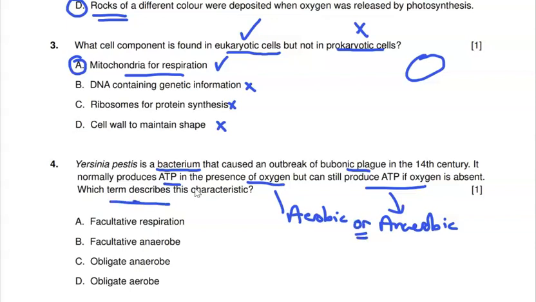Which term best describes this characteristic of having the option? And certainly not C and D, which obligate means obligatory. Facultative means a choice. It's not facultative respiration, it's a facultative anaerobe, so we have to go for 4B.